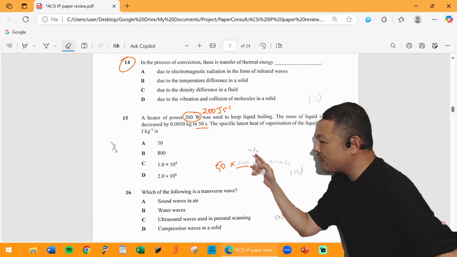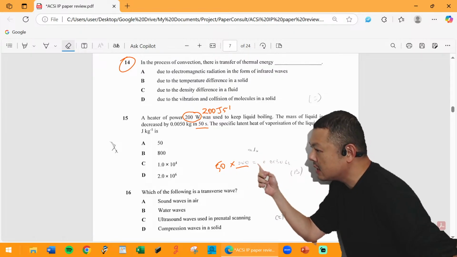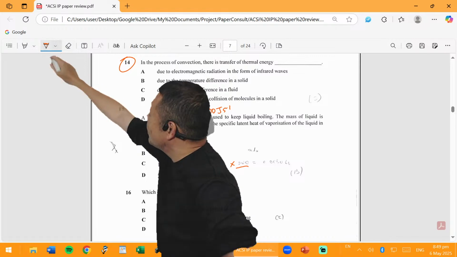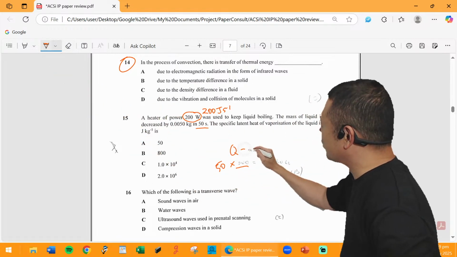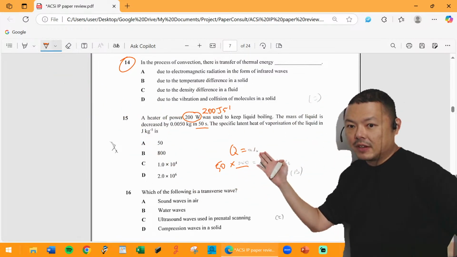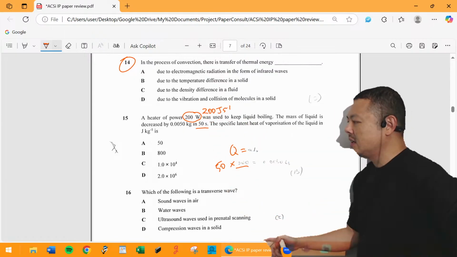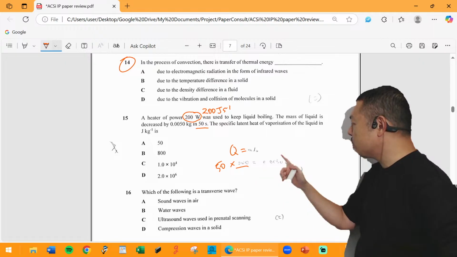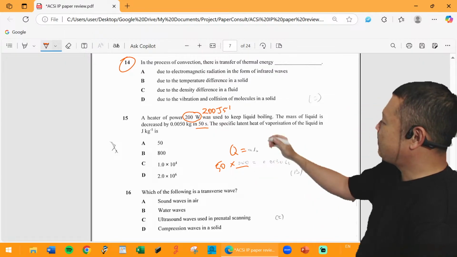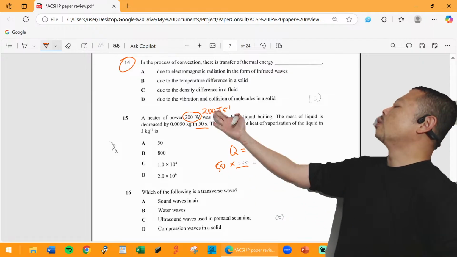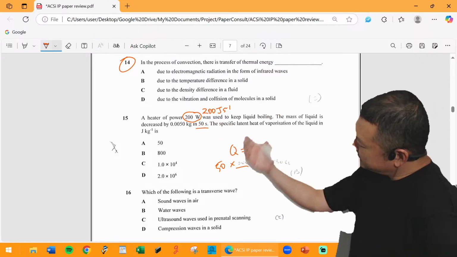Do you realize that you forgot to write Q equals mL_v? Every time I ask you to quote the equation, you only quote me the second half. Quote the full thing. Q is in joules, it's not in watts. So it's 200 times 50 equals mL_v. Then you can find your L_v like that. Everything is given to you in almost SI units already.